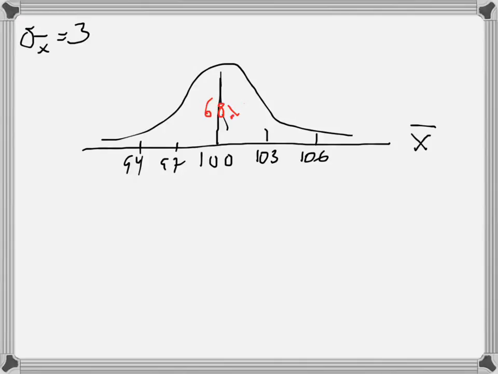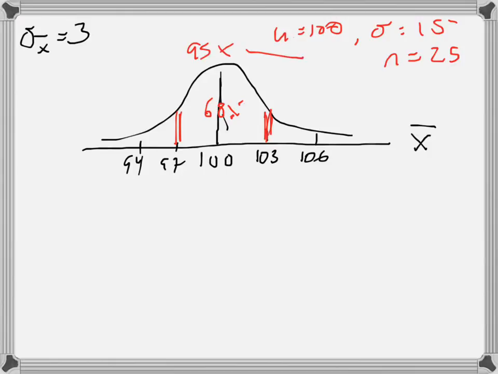If it were true that, at least at my school, the mean was 100 and the standard deviation was 15, and we're going to assume that the standard deviation is 15, then if I'm sampling 25 people, about 68% of the time the average from that sample, the sample mean, should be between 97 and 103. And 95% of the time should be plus or minus 2 standard deviations. So 95% of the time, it should be between 94 and 106.